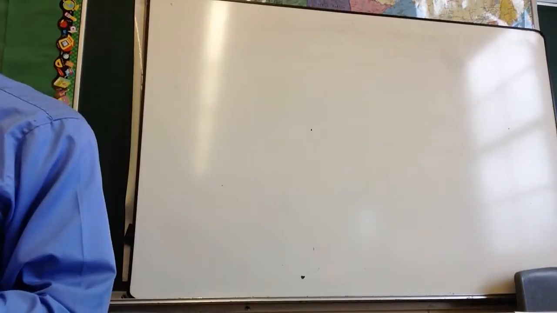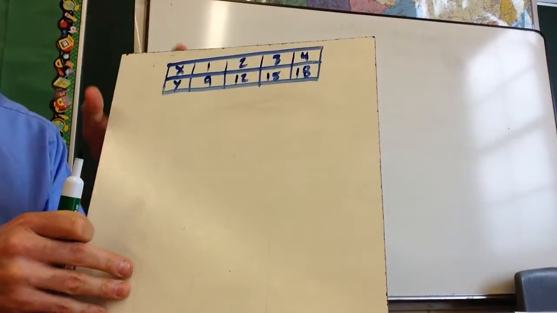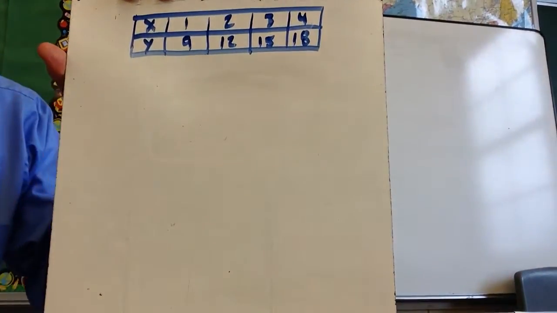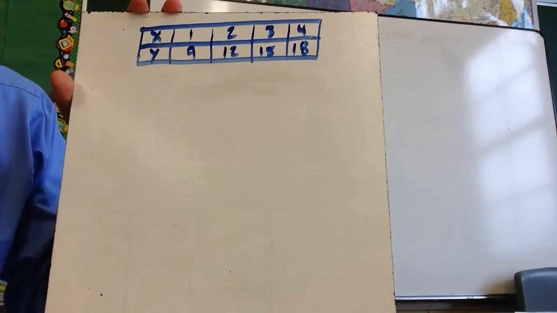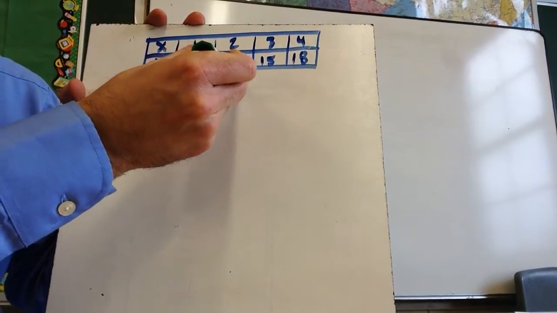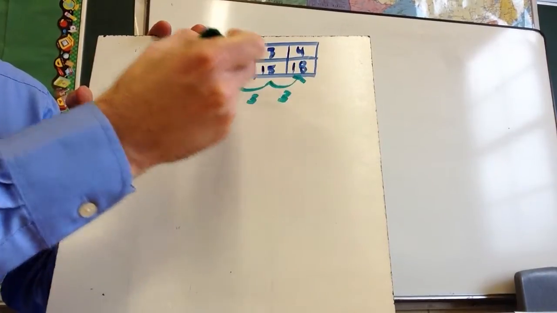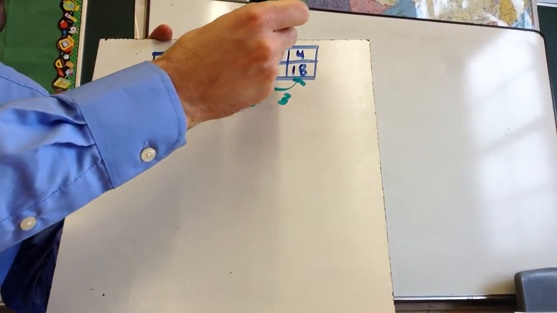All right, now let's practice what happens when it's a non-proportional relationship. The biggest mistake people make with non-proportional relationships is thinking it means that there's not a pattern. If you look at this, these are going up by 3, and these are going up by 1.